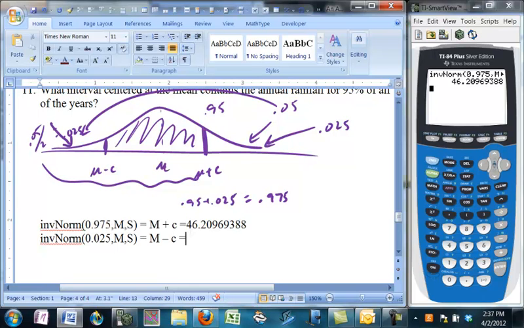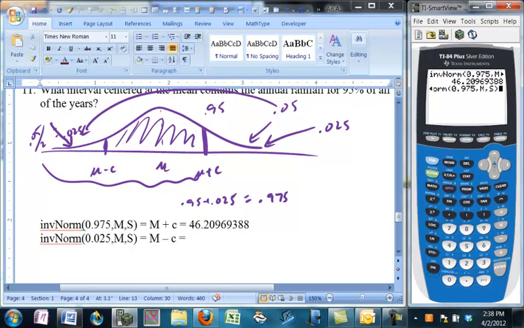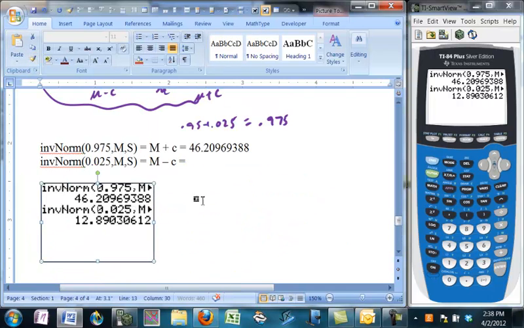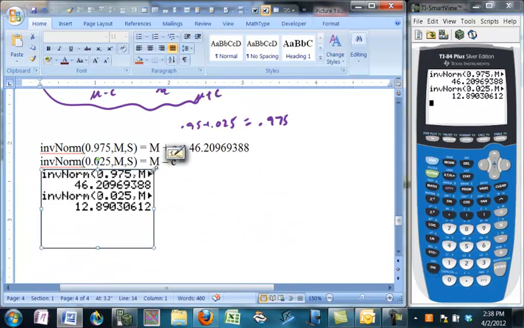And then we can do the same thing, but change the 0.975 to 0.025. Oops, got my decimal. There we go. And so that gives us the interval that we need.